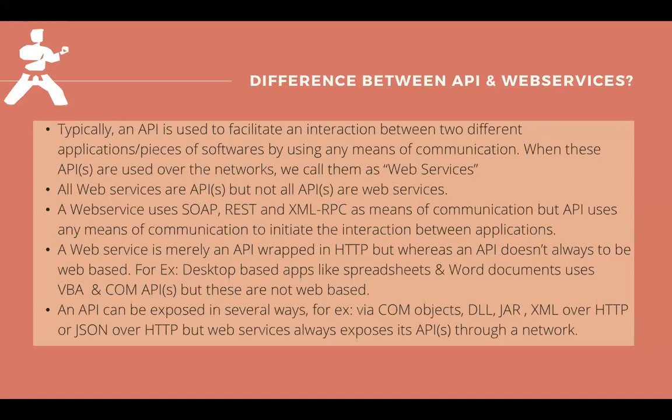Instead of opening UFT and clicking a button, run and play, record and all that, you can also interact with QTP or UFT by using some of the APIs or the internals of that. We call them APIs, but they're not literally web APIs. We call them COM APIs, component object model APIs.